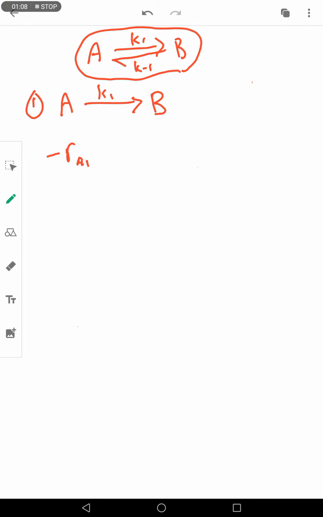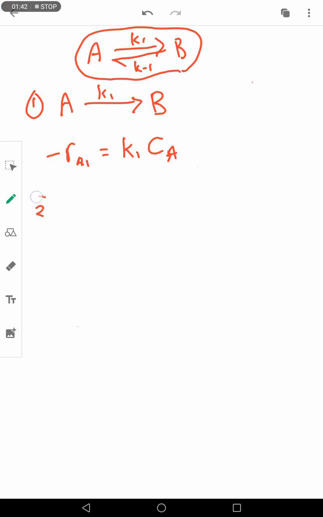RA1 stands for forward reaction, K1 Ca. We have to assume that this reaction is elementary, so meaning that your rate law, the reaction order here will be in accordance with the coefficient of limiting reactant.